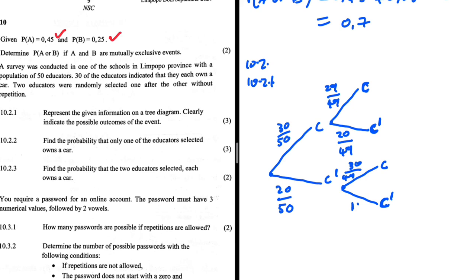Now that we want to select the second teacher, we are left with 19 that don't have cars. So that is 19 over 49, because there is no replacement. We are selecting one after the other without taking the teacher that we've selected first back into the selection pool. So this is our data represented in the form of a tree diagram.